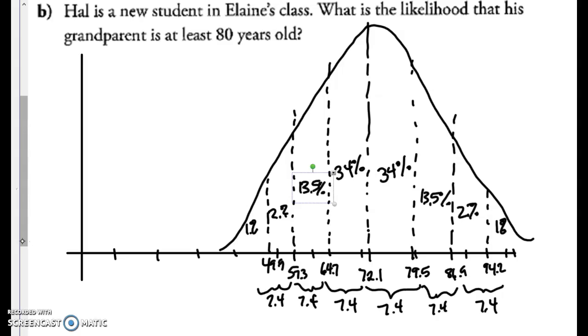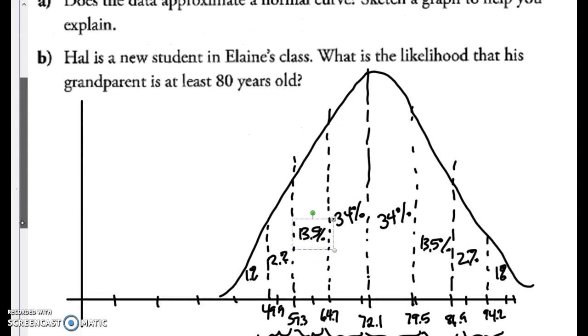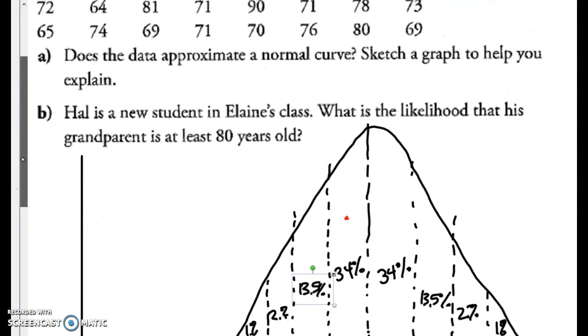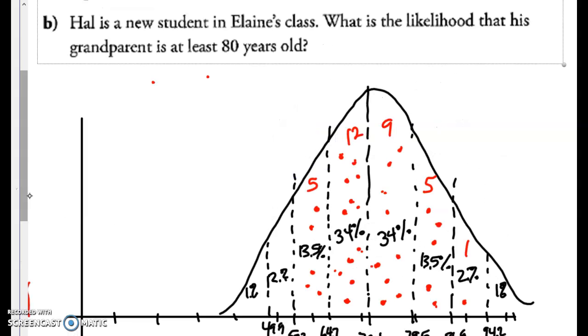So that means if we would take this data, 65 is the first number, 65 would fall in this spot. Then 85 would fall in here, and 72 would fall here.